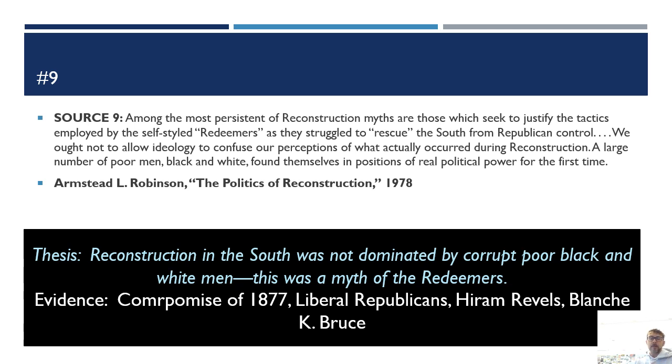Redemption could be demonstrated by the Compromise of 1877, in which Northern Republicans were backing away from Reconstruction in order to win the presidency. So they are rejecting the ability of Reconstruction to continue to make the South a place where African Americans can be successful.